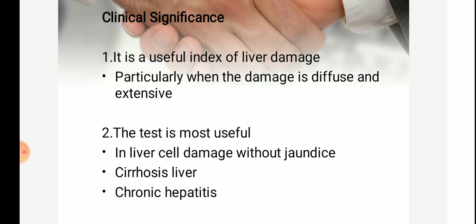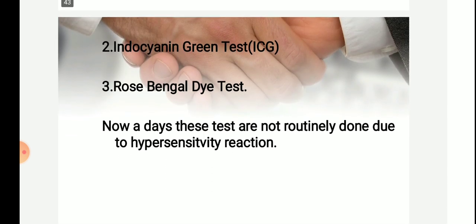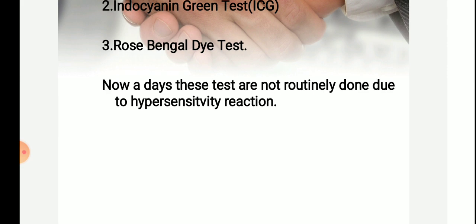The test is most useful in liver cell damage without jaundice, in cases of cirrhotic liver and chronic hepatitis. Then there are the indocyanine green test and the rose bengal dye test. These tests were earlier used very efficiently, but nowadays they are done less because of hypersensitivity reactions.